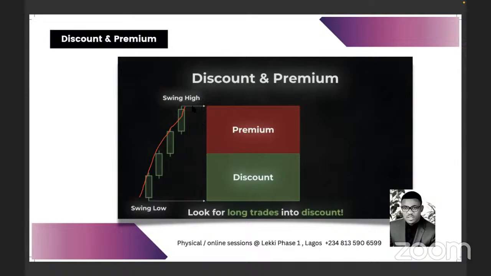The easiest way I can help you remember this is a football pitch. When you have a swing high and a swing low, always remember a football pitch. You have the goalkeeper, you have the goalkeeper, you have the middle line, the center line. If you are in this part of the football pitch, you are sending the ball from your side, crossing over to that side to go and score.